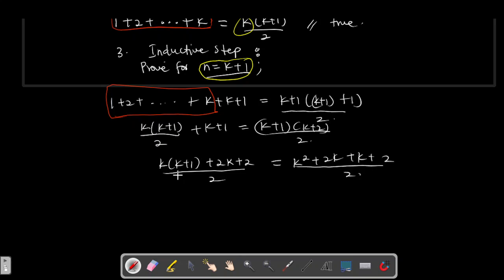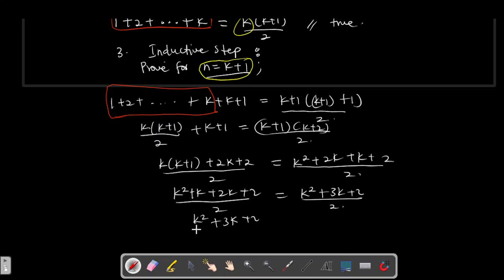At this point, you do the same. So k squared plus k plus 2k plus 2 all over 2 is equal to, I simplify, I have k squared plus 3k plus 2 all over 2. Here it becomes k squared plus 3k plus 2 all over 2. So I can see that my left hand side and my right hand side are equal.